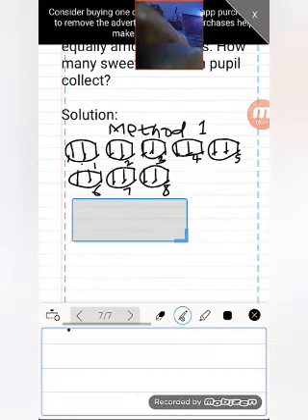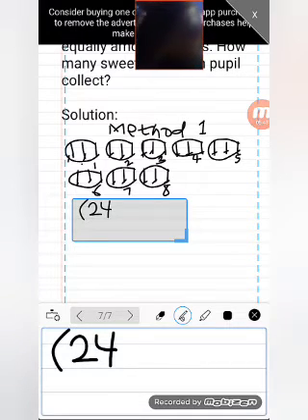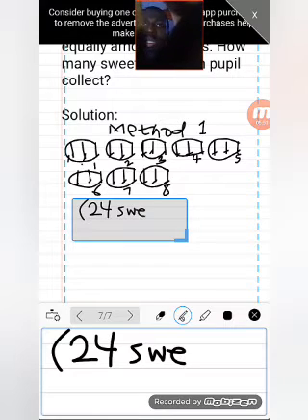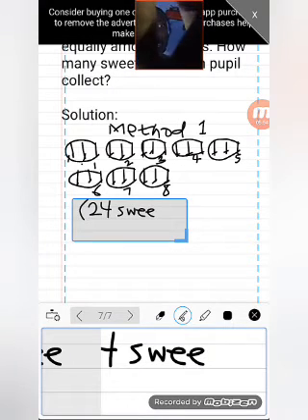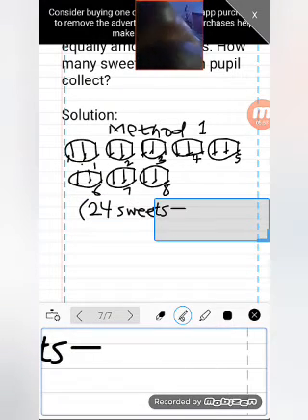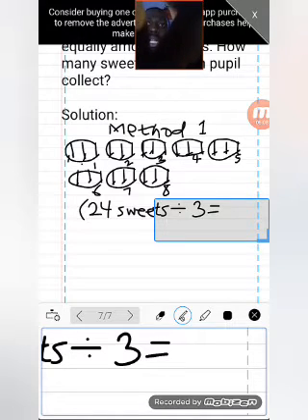I'm going to put it in form of a bracket: we did 24 sweets divided by 3, and it is giving us how many? You can say 1, 2, 3, 4, 5. That's 8.